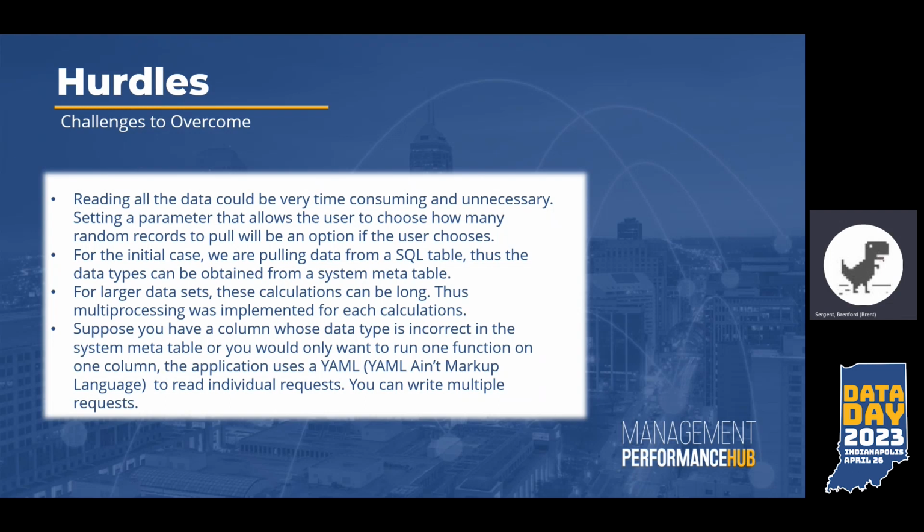Identifying the data types was also a challenge initially, but we decided to bypass doing this in the script and use the data types that were listed in the database using the systable. Finally, we implemented a multi-processing function again to have multiple calculations occur at once.